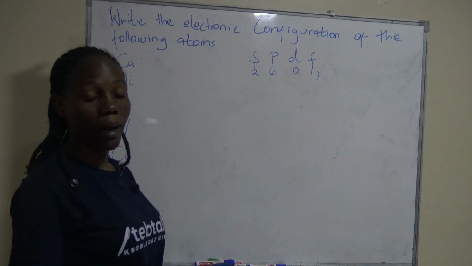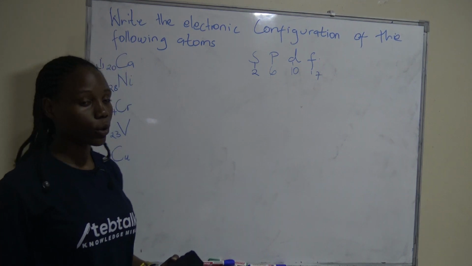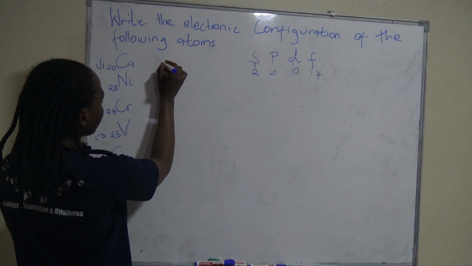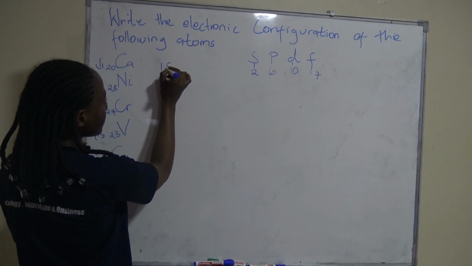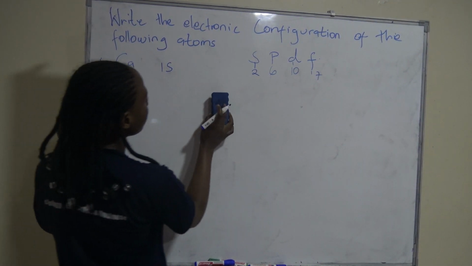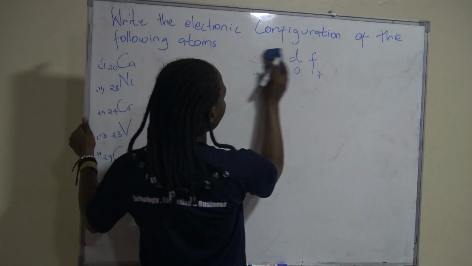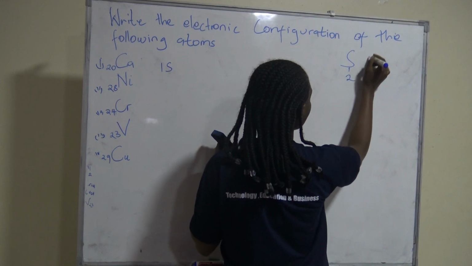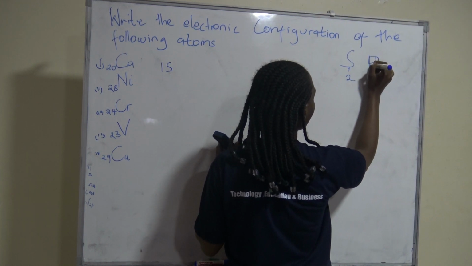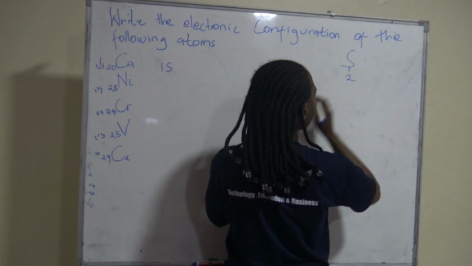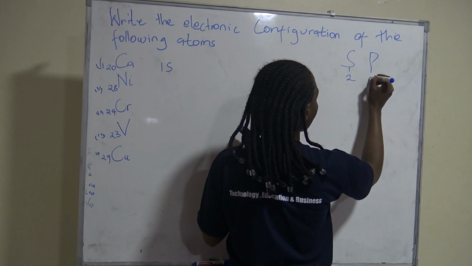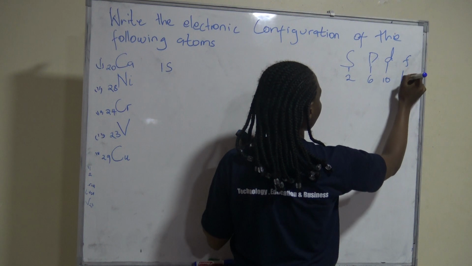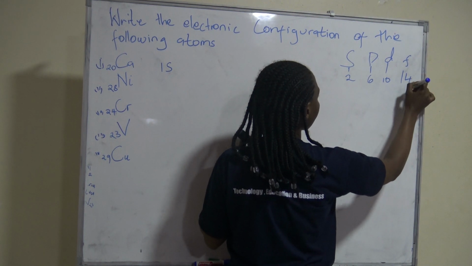Calcium has 20 electrons. So we know that we have the 1s, 2, p has 6, d has 10, and f has 14.